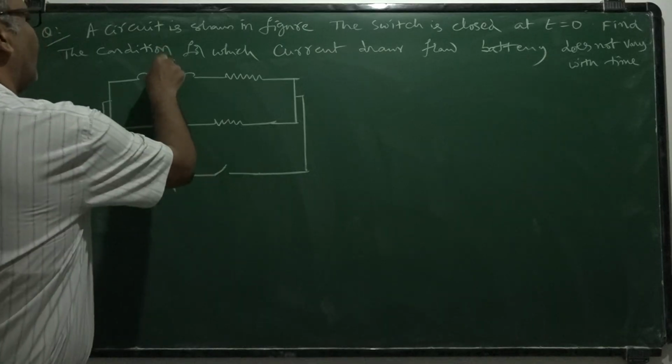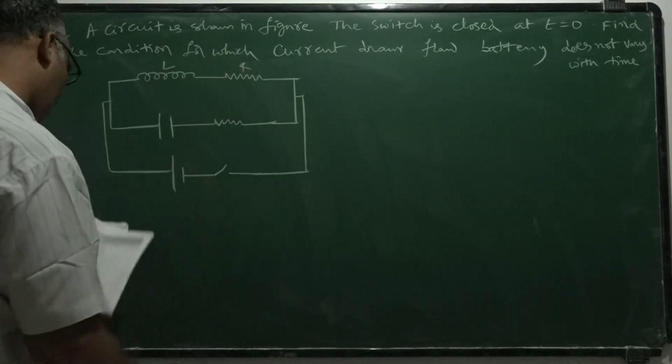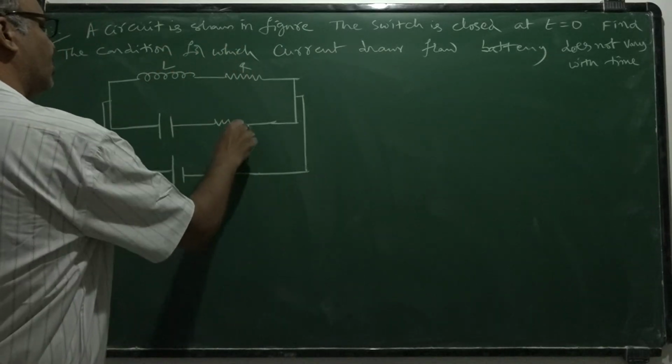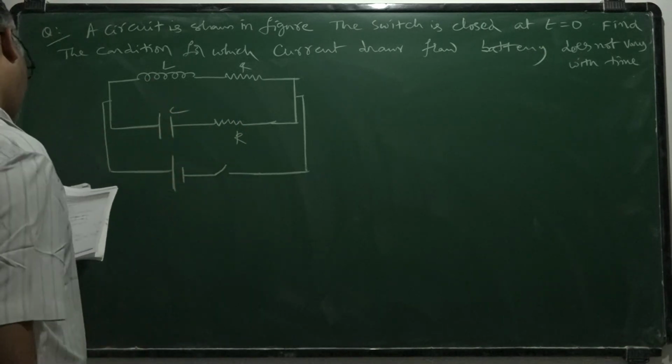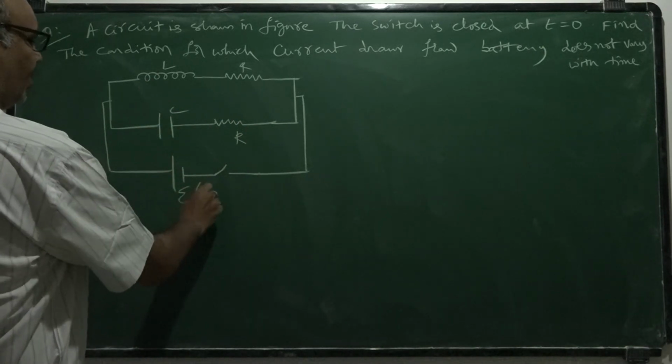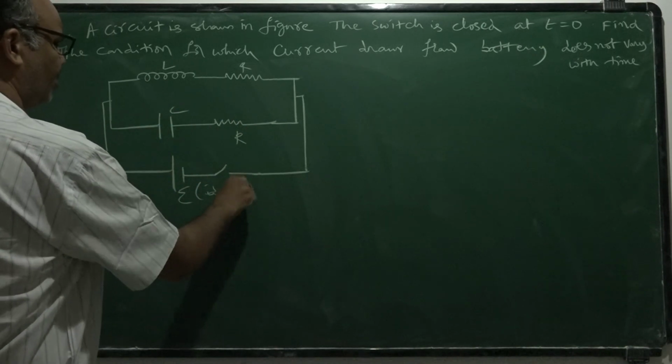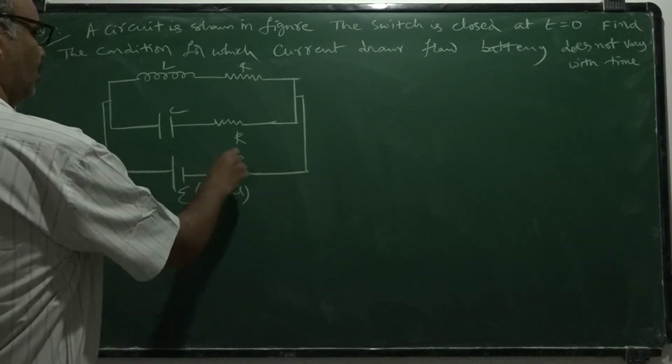The inductor's inductance is L, resistance is R, this resistance is also R, capacitance is C. It's an ideal cell, meaning no internal resistance. It is the key available in the circuit.